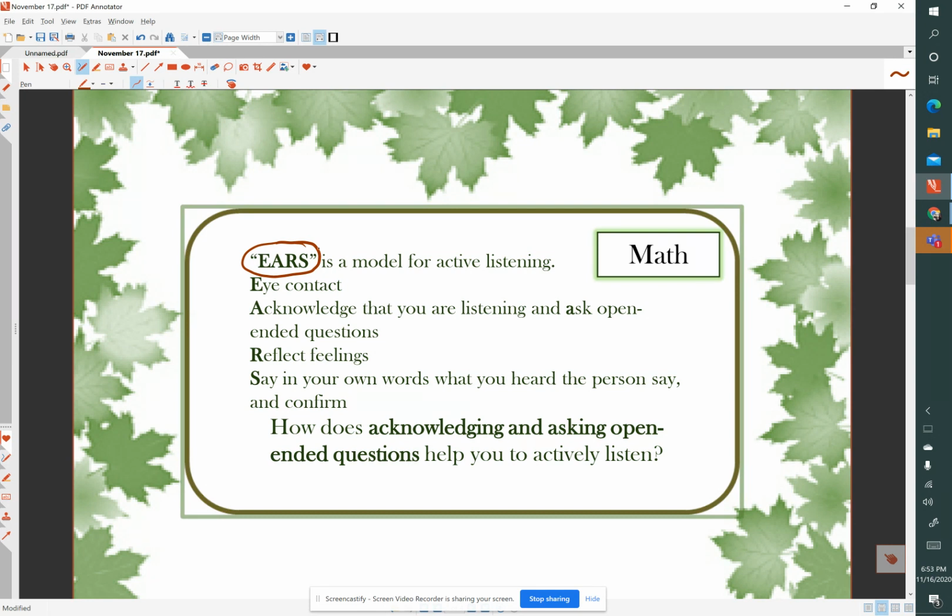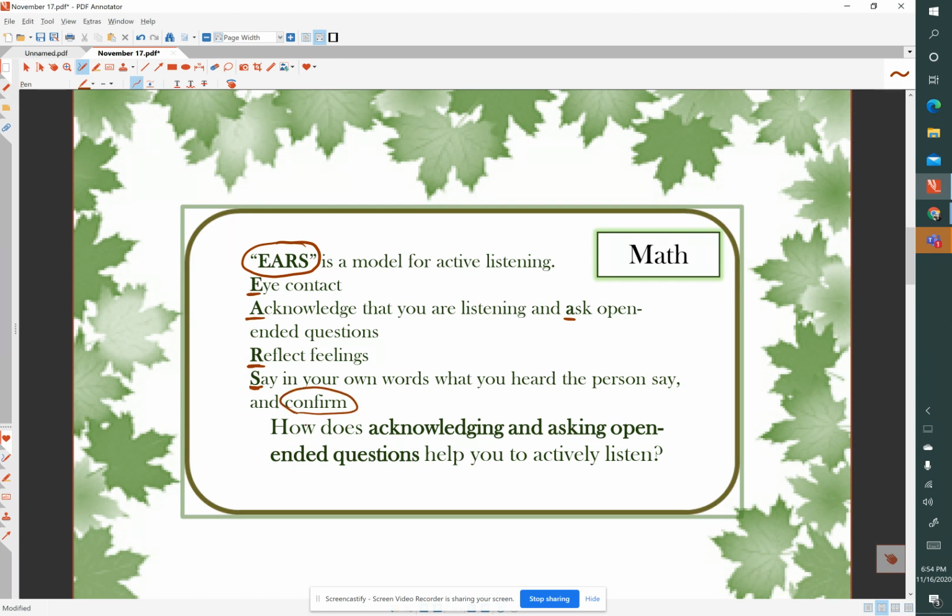But ears, this model tells us to maintain eye contact, to acknowledge that person we're listening to, and to ask open-ended questions, to reflect feelings back to them, what we think we heard them say they felt, and to say in our own words what we heard them say and confirm their message.